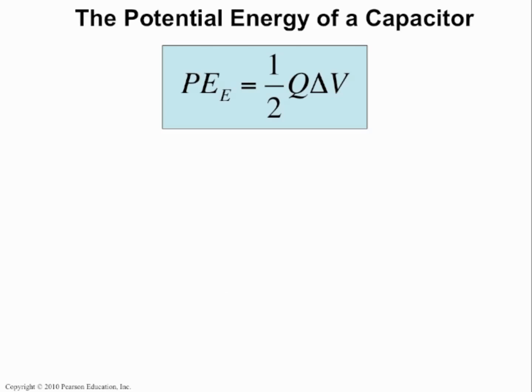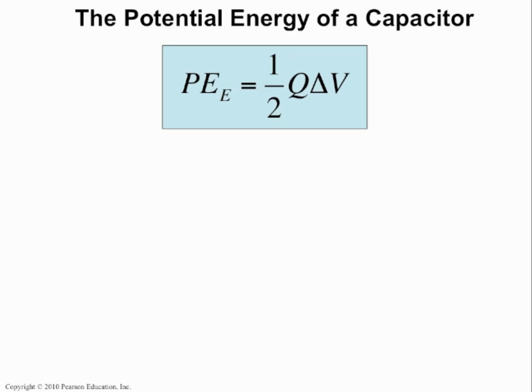So that finally leaves us with our equation for the potential energy of a capacitor. And I did highlight this because, as always, the derivations aren't highlighted, just the final equation. That's really all that you're responsible for. So electrical PE of a capacitor, this is specifically for a capacitor, equals 1/2 Q delta V.